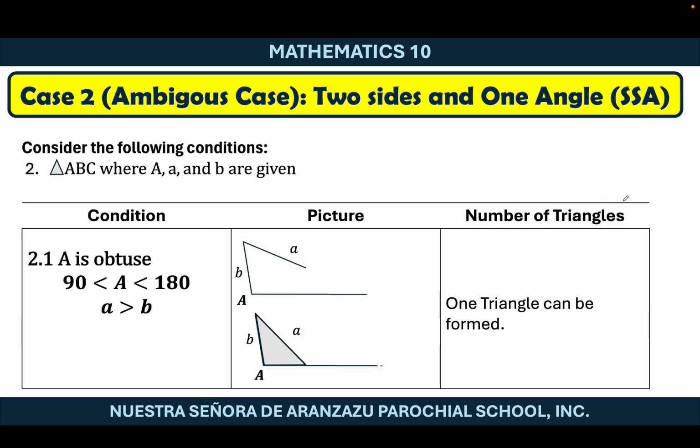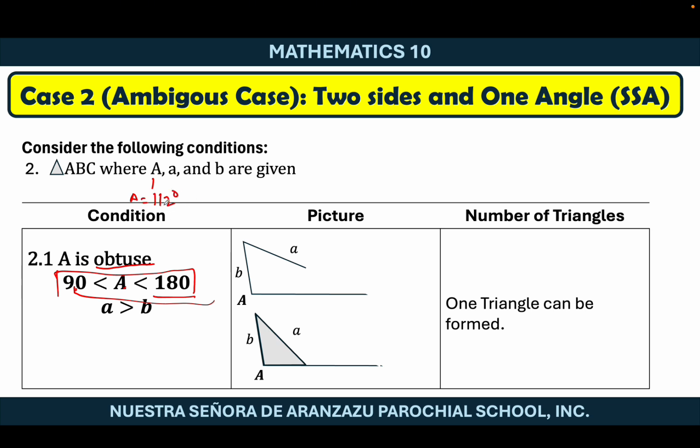Okay? Now, itong part naman na to, the last two criteria will fall when the given angle is obtuse. So, ibig sabihin ng obtuse angle, ito yon, that the given angle is greater than 90 but less than 180 degrees. Okay? So, ibig sabihin, let's say yung A mo dito is 112 degrees.